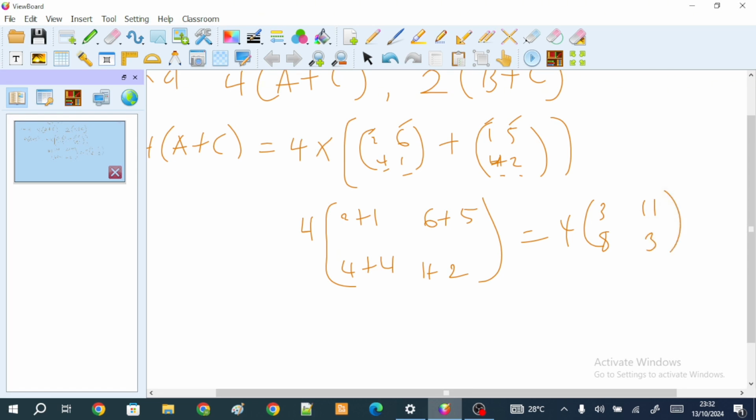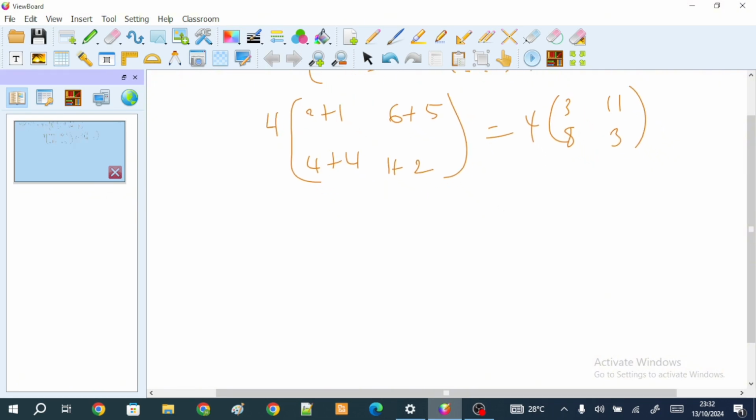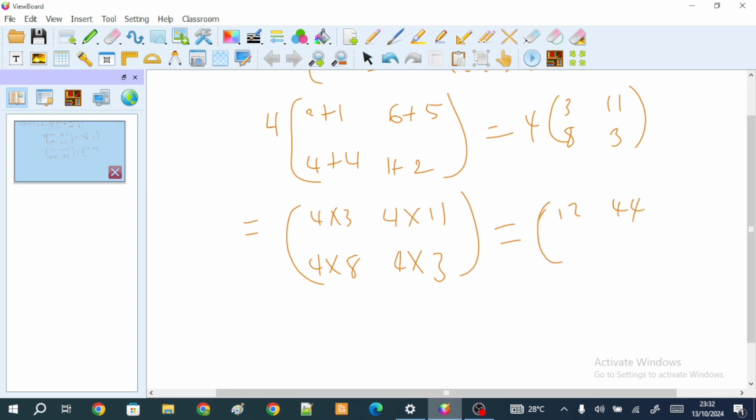Okay, now we have one matrix and one scalar number. So what we're now going to have will be 4 times 3, 4 times 11, 4 times 8, 4 times 3. In this case, 4 times 3 is 12, 4 times 11 is 44, 4 times 8 is 32, 4 times 3 is 12.